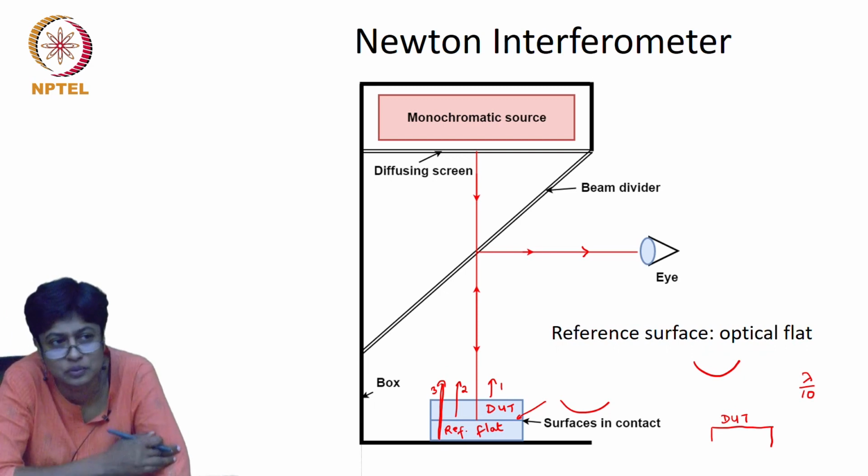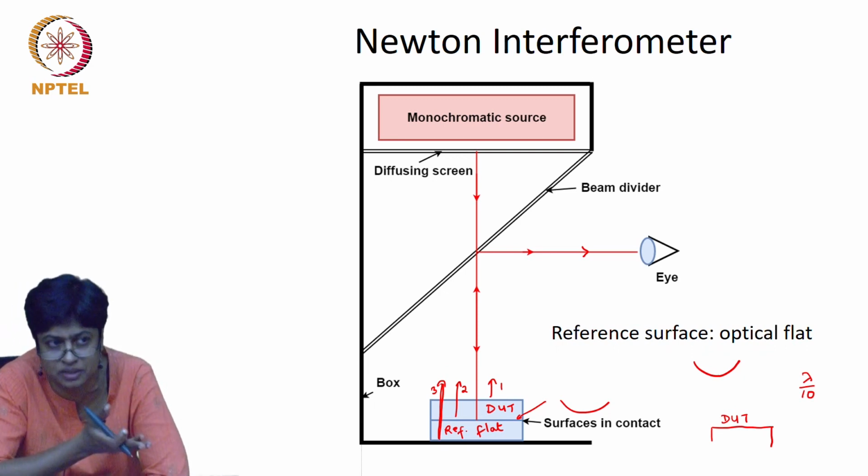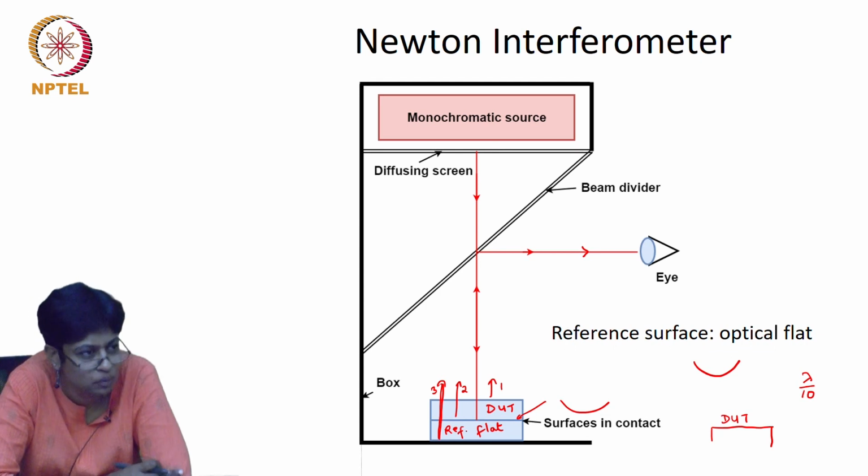Your first instinct was to say that it's from there. So I can assume I have 3 beams coming back. Why am I not worried about 3? It doesn't matter, let it be there. Am I worried about the 3rd beam?